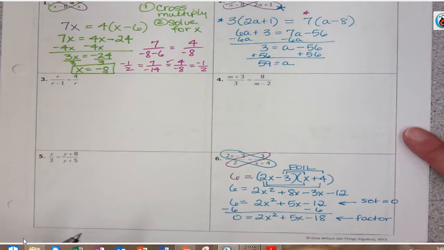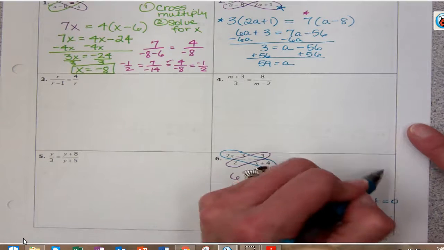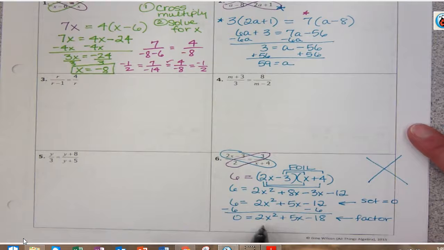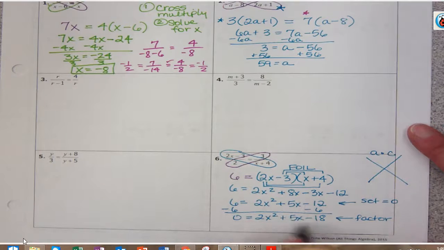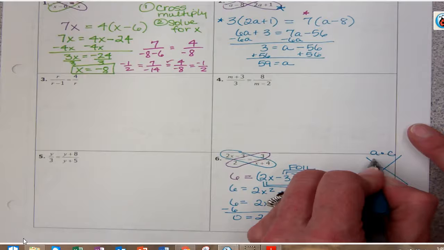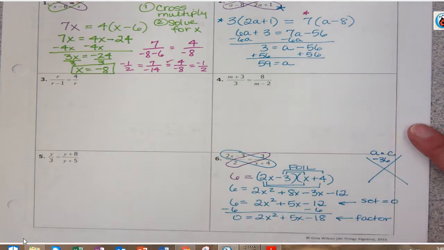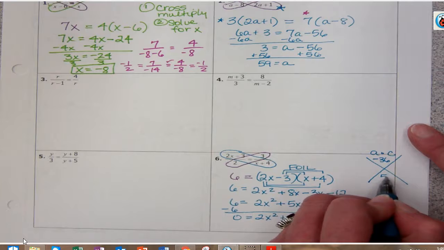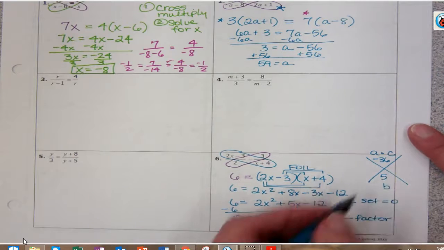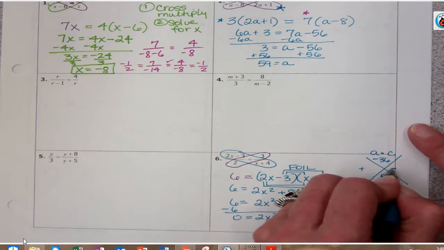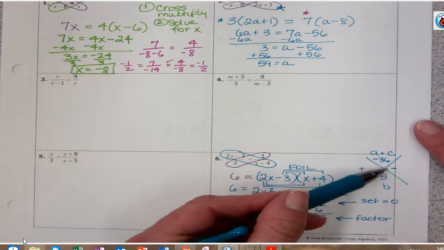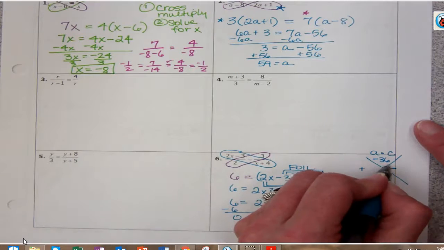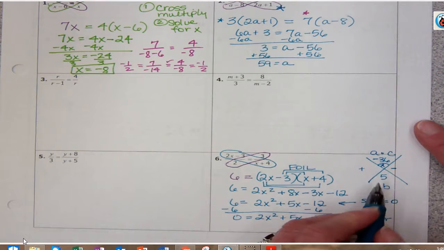So of course I know since I've got a trinomial, I'm going to use my big X. And I do my A times my C at the top, so that's going to be 2 times negative 18, which is negative 36. My B is going to be this middle term, 5. What numbers? I know one's going to be positive, one's going to be negative, because this is negative. So I know when I multiply, I need one positive, one negative.